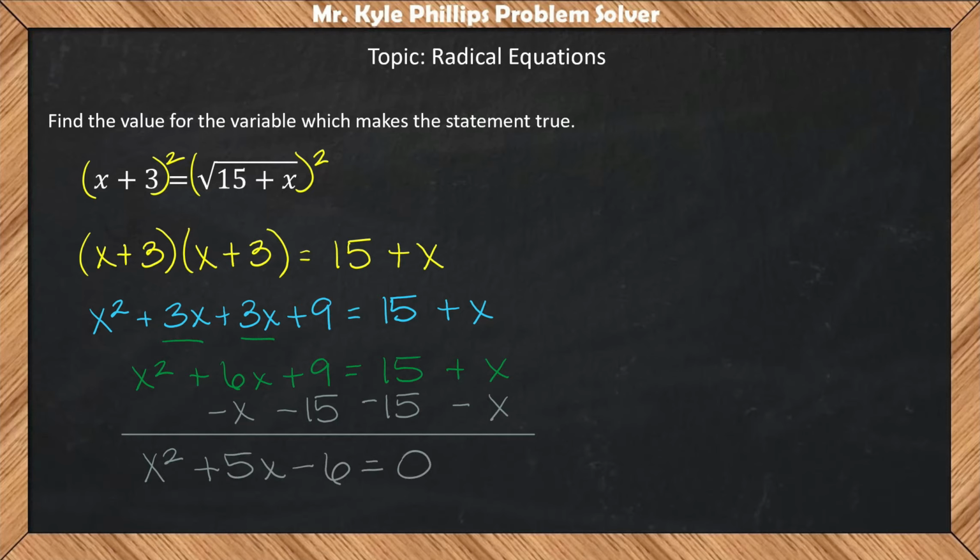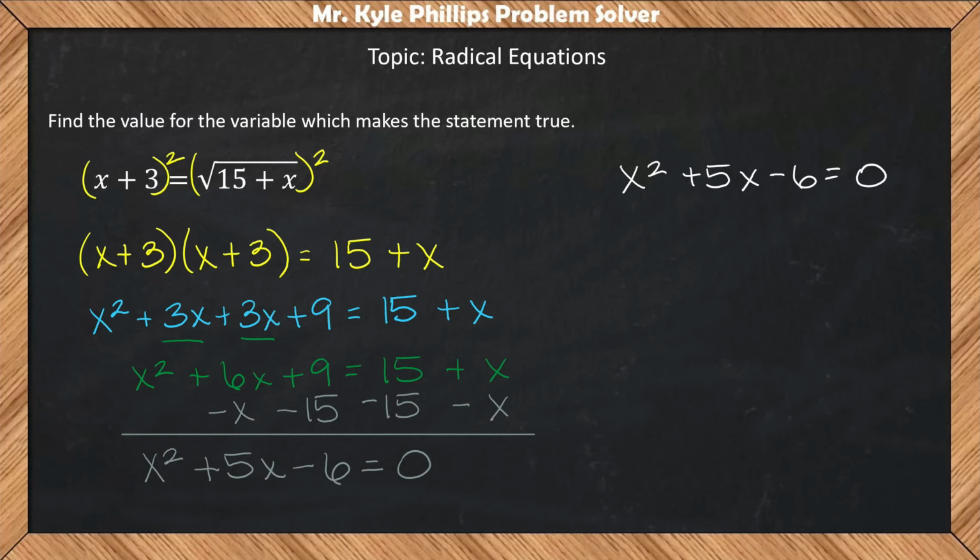Now, as you learned in prior units, anytime you have a quadratic like this, we're going to see if this expression is factorable. So we'll come over here and we'll say, okay, x squared plus 5x minus 6 equals 0. Is this factorable? By that I mean, are there two numbers that when I multiply them together, I will get negative 6, and when I add them, I will get positive 5?